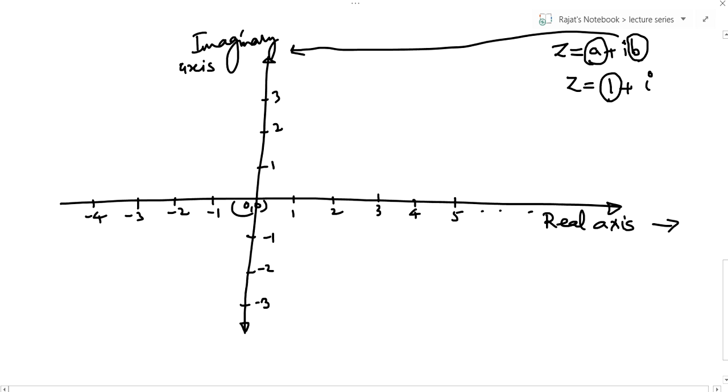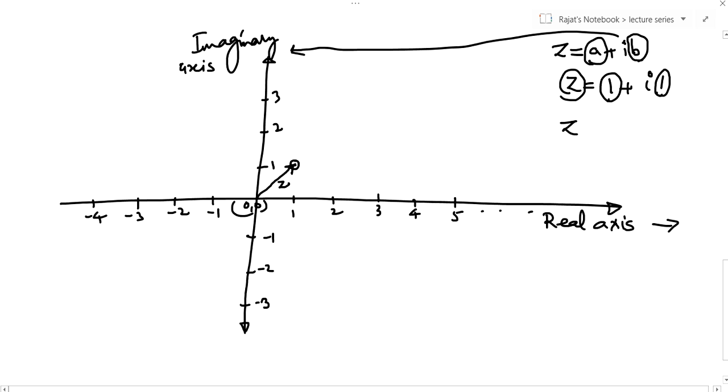So the real part is 1, the imaginary part is also 1. So this is the point. The complex number z will be nothing but a straight line joining the origin with the point (1, 1).